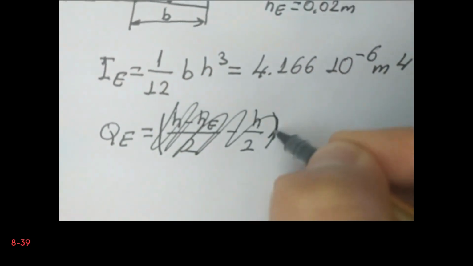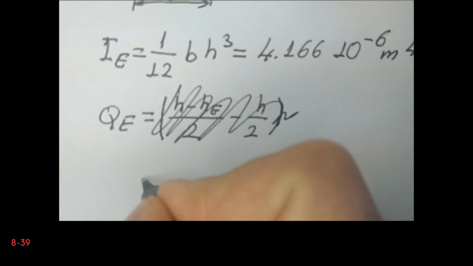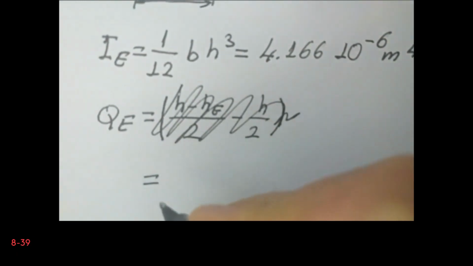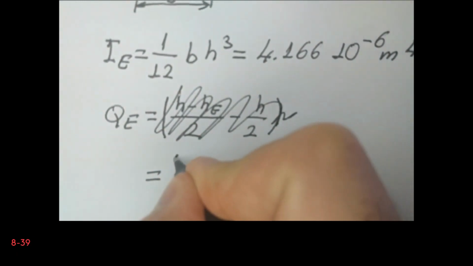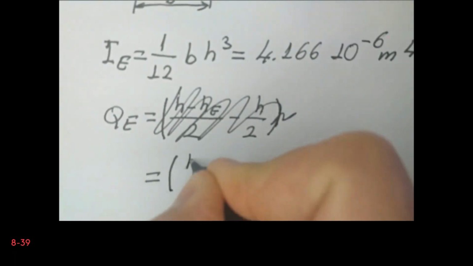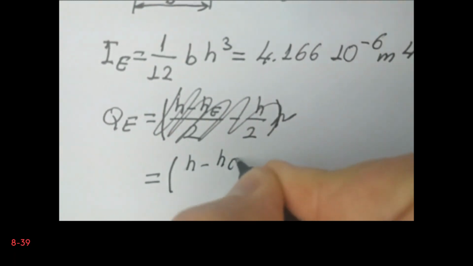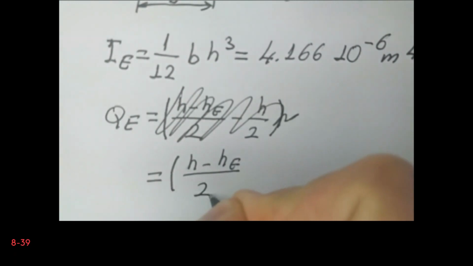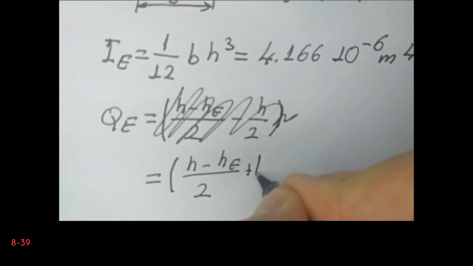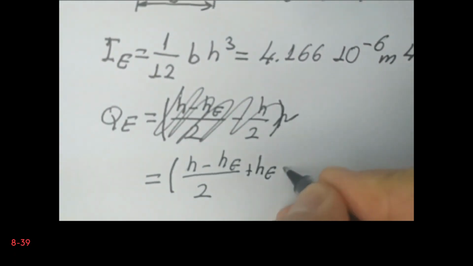So (H minus HE) divided by 2 plus HE minus H divided by 2. Okay, and the area is B multiplied by (H minus HE).